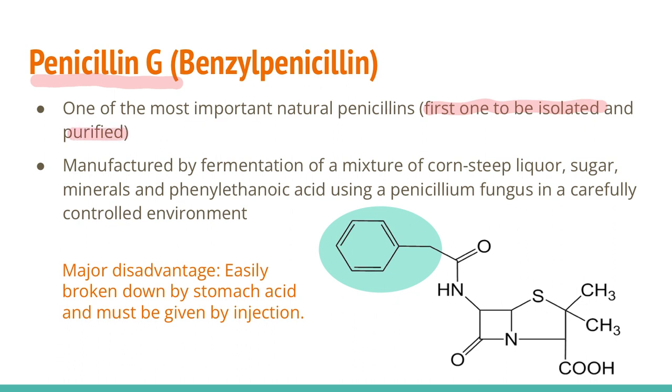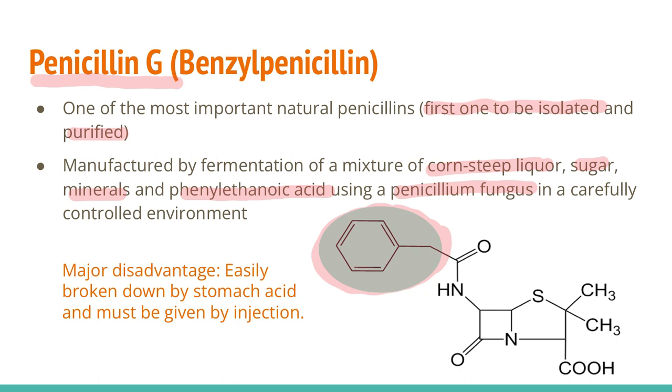They make it in big vats, manufacturing it by fermentation of a mixture of corn steep liquor, sugar, minerals, and phenylethanoic acid, using a penicillium fungi in a very carefully controlled environment. And so it creates this penicillin G. The G stands for this side chain here, which is a phenyl group with another carbon methyl group attached to it.